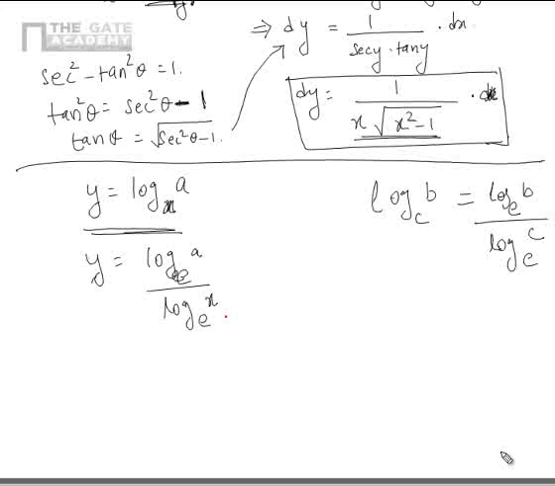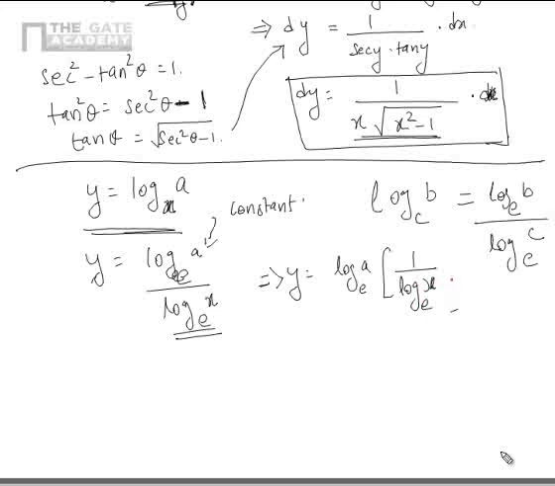Now log a is a constant. This is the variable term, correct? So y is log a base e into 1 by log x to the base e.